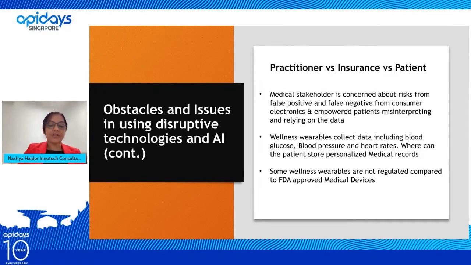And the insurance company wishes to minimize medical costs, so favors prevention rather than cure. So these are issues which need to be pondered about and definitely discussed when you strategize your business needs and your business case.